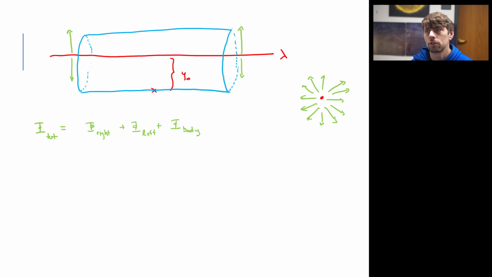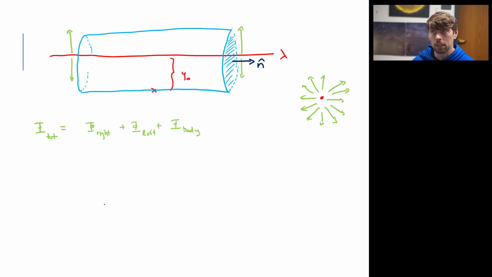Well, let's tackle this right end cap. We've already argued that the electric field is spreading radially outward from the wire. And let's also think about what is the unit vector, the direction of normal for that end cap. Well, the unit vector has to be perpendicular to the surface and away from the interior. So n hat is represented by this purple arrow.